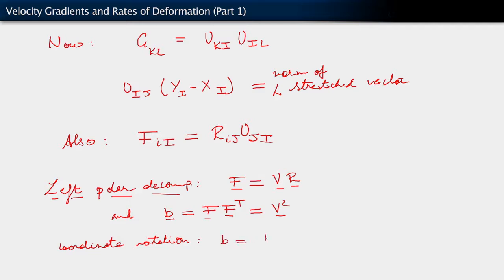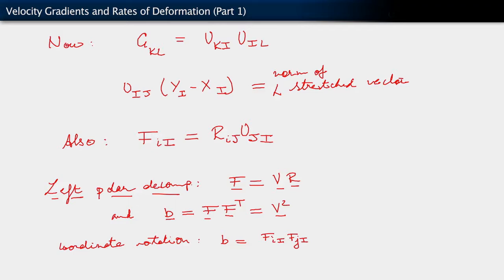It's F little i capital J, F little j capital J. Once again, I've skipped a step by writing the components of F transpose directly in terms of the components of F. And we see how that product is carried out.